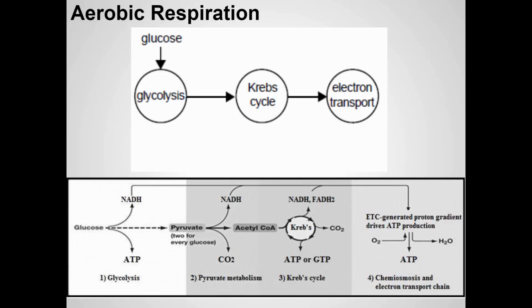So here you see another view. Glucose, glycolysis produces some ATP, but also some NADH. Does that look familiar? It's similar to what? NADPH. Same thing, FADH2 is a similar type of molecule. What do those molecules do? What was their purpose in photosynthesis?